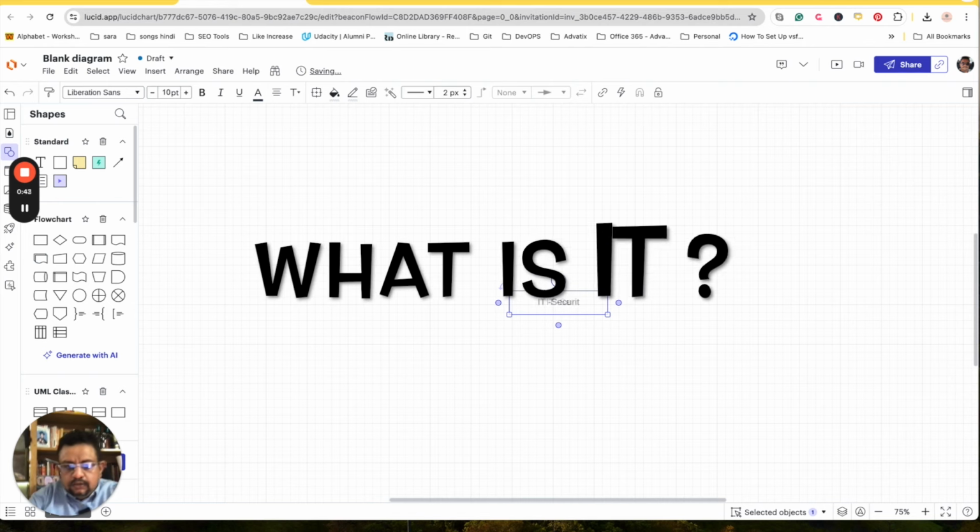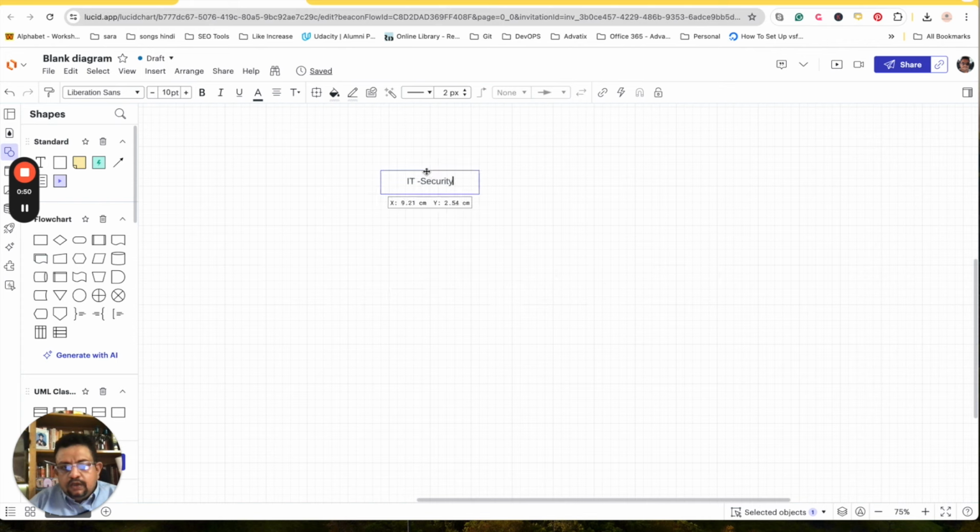This is a basic fundamental question. Is it only data security? Is it infrastructure security? What is it and how does it work? That is the major question today.